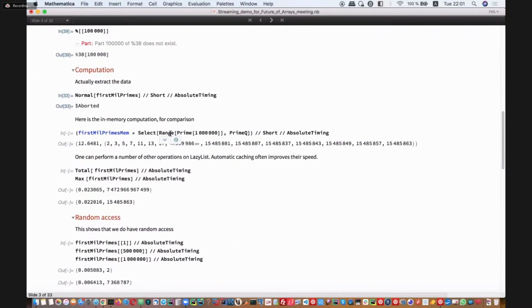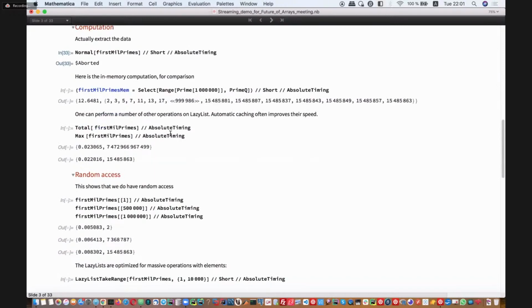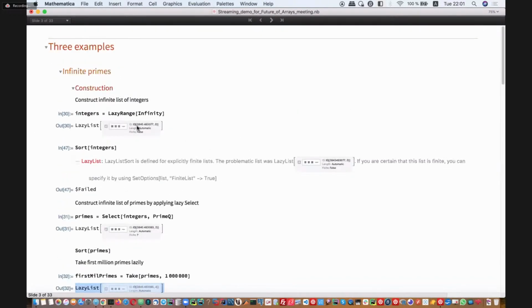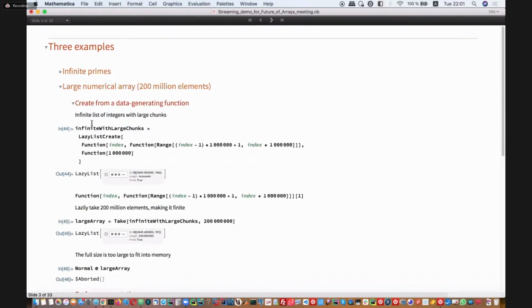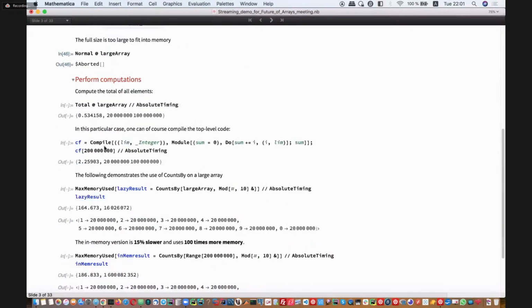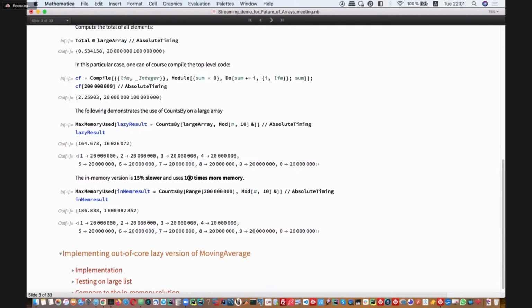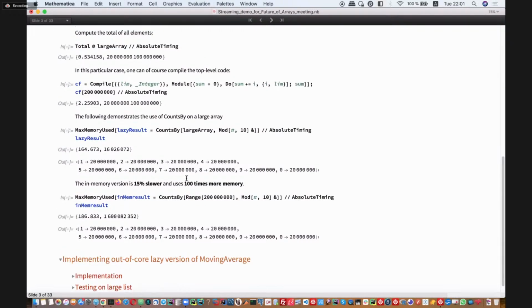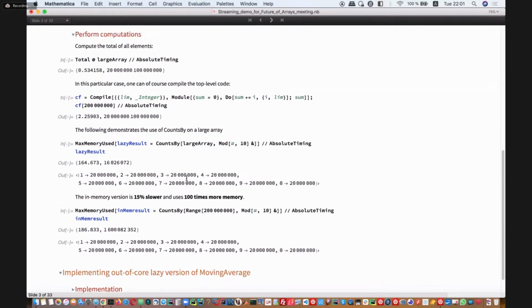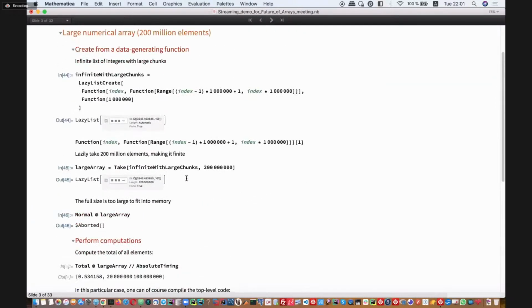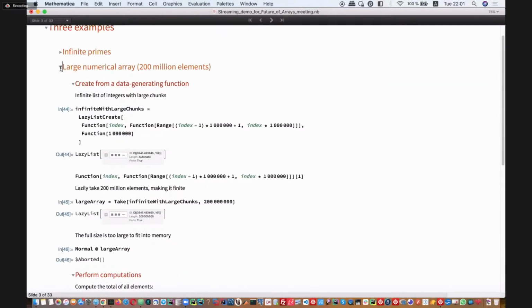Okay, onward. This is the first thing we've seen here, I think. We saw this, and we saw that the in-memory version is magnificently smaller, right? Yes. I mean, your lazy chunking thing is magnificently smaller.